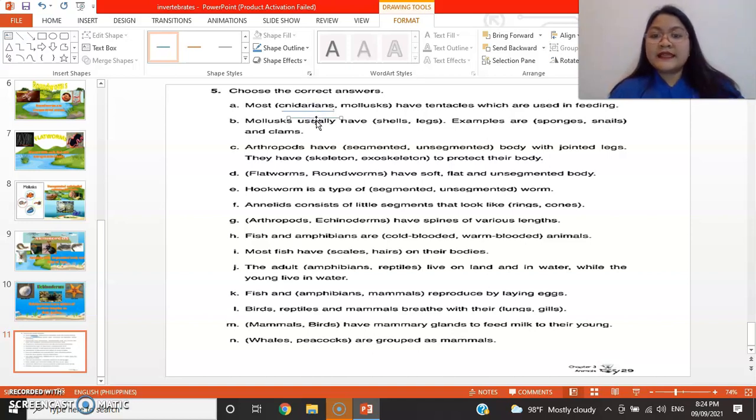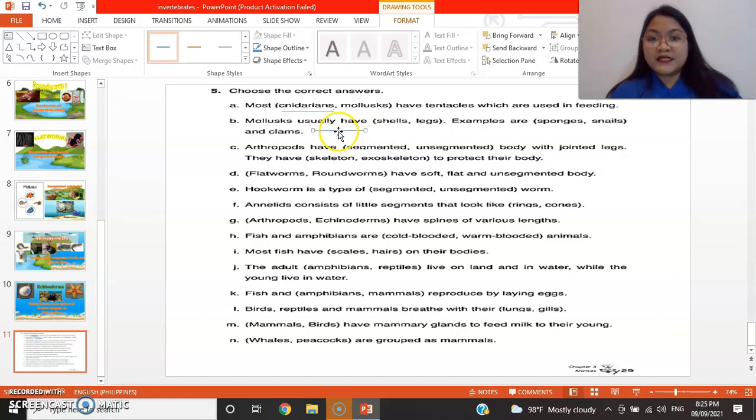Next, letter B. Mollusks usually have shells, legs. Examples are sponges, snails, and clams. So what does mollusk have? Do they have shells or do they have legs? 5, 4, 3, 2, 1.